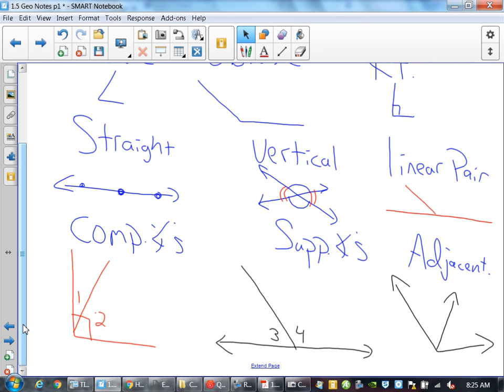If I look over to page 60 in the book, I think we can do 1 through 31.